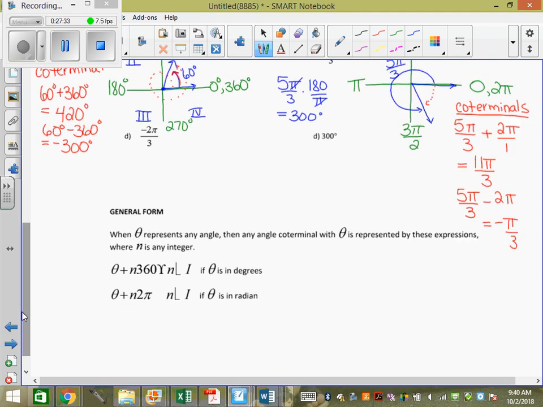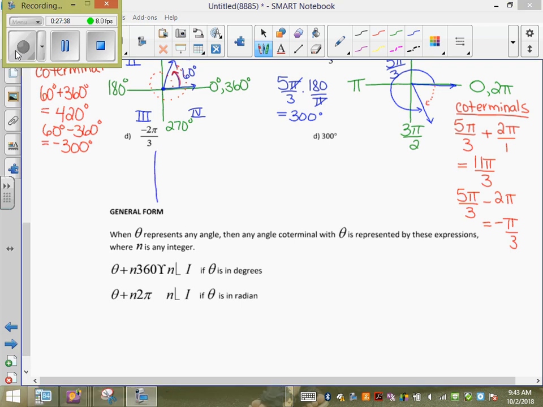I want you to do D and D. You're welcome. I don't know why I didn't put it. Is this negative 150 degrees? Oh, right, it's a 60-degree reference angle, not a 30. Based on the bottom, if it's a 3, it has a 60-degree reference angle.